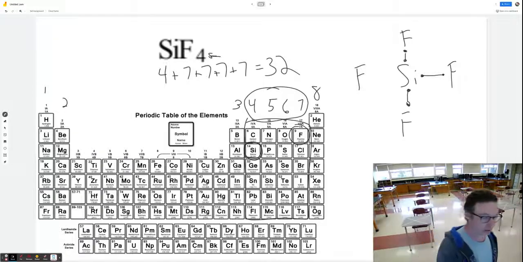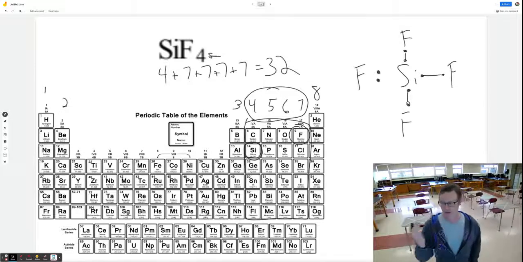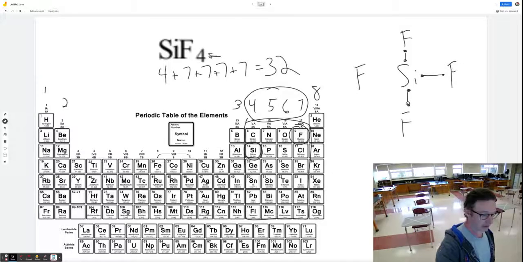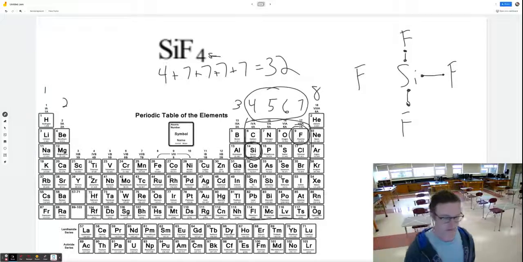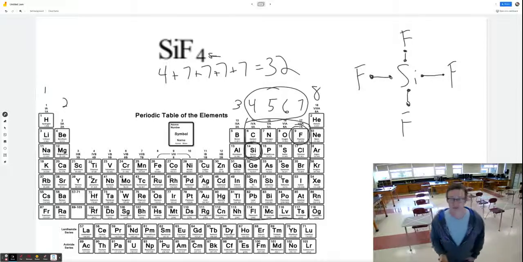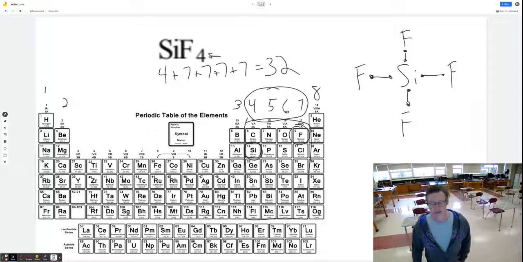They actually just put dots in here to show that they're shared between them. I like to draw the lines because it's a bond. It's a connection between the 2 atoms. And I think the line gives you more of the feeling of that. But you always have to remember that each line represents 2 electrons. So that's why I draw the dots on the ends.